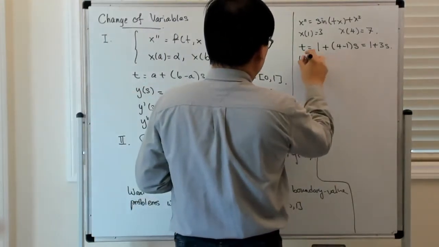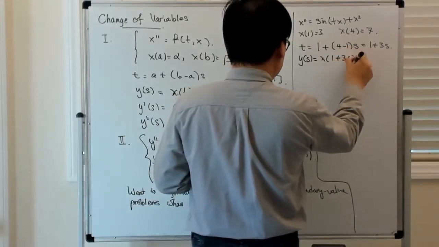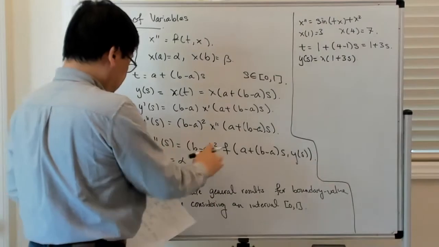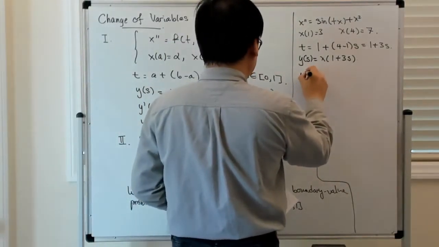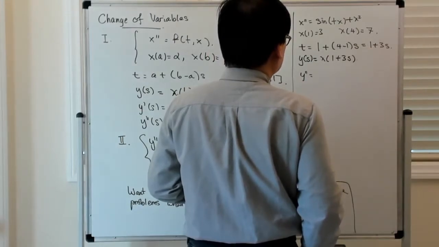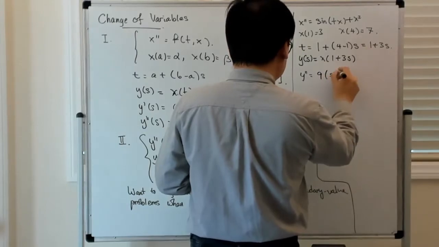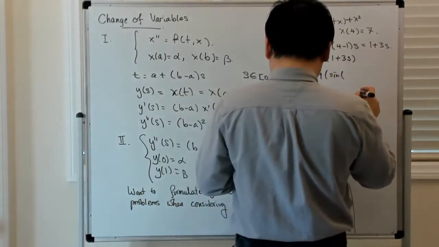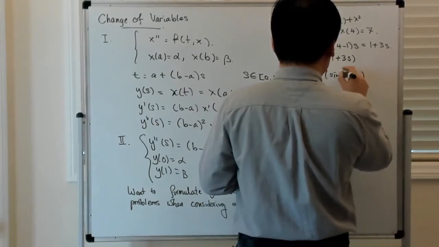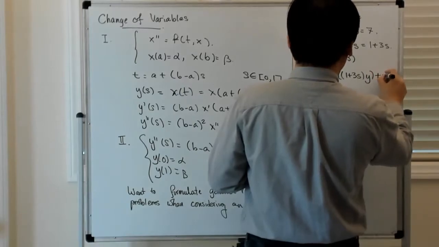Then we want that y of s is equal to x of 1 plus 3s. Okay. All right. So you can look at what that is. y double prime is equal to b minus a squared, so that's 4 minus 1 squared, which is 9, times 9 sine of t y, so that's sine of (1 plus 3s) y, plus y squared.